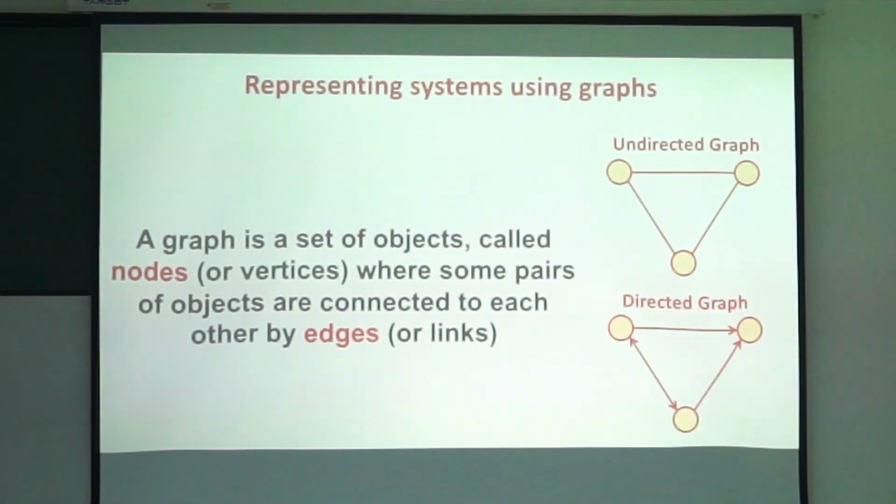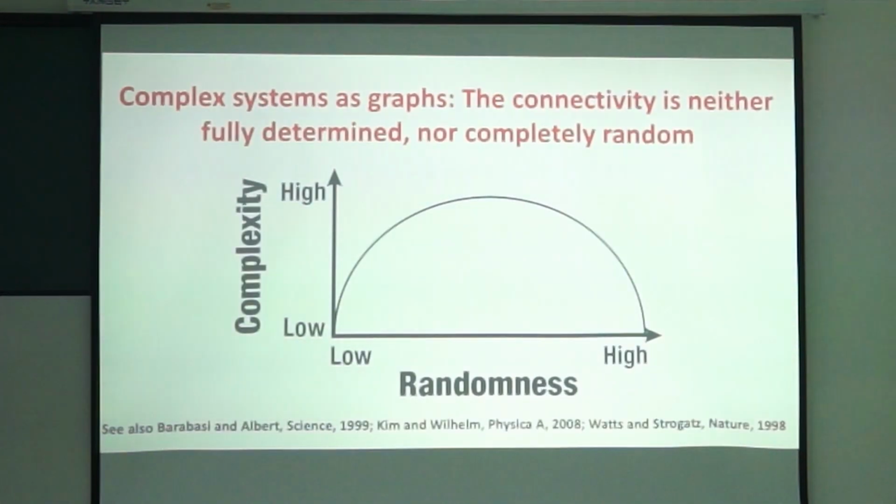It could be an undirected graph or a directed graph. So if you represent complex systems as graphs, the connectivity among all the components would be neither all-to-all or a specific kind of connectivity, nor completely random. It would be along this intermediate level of randomness.